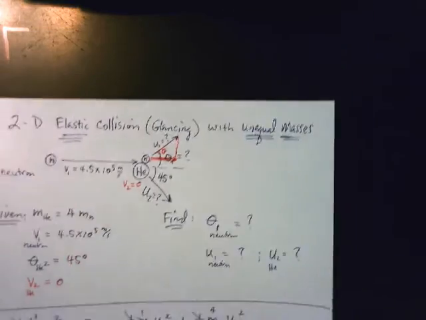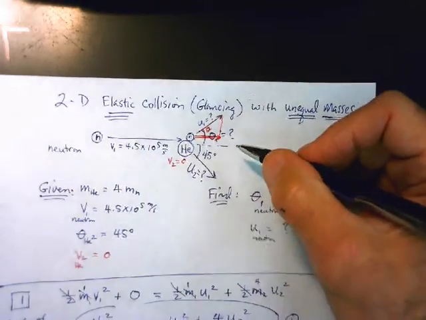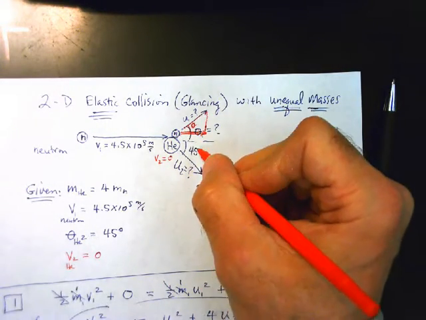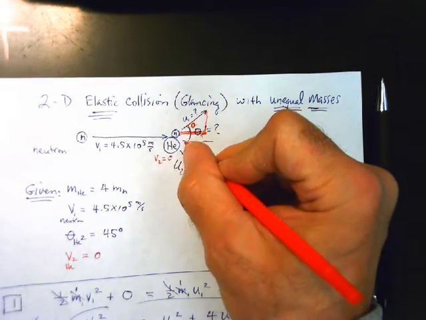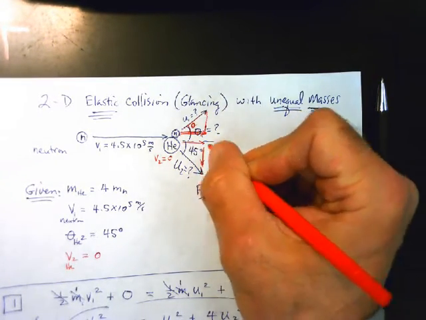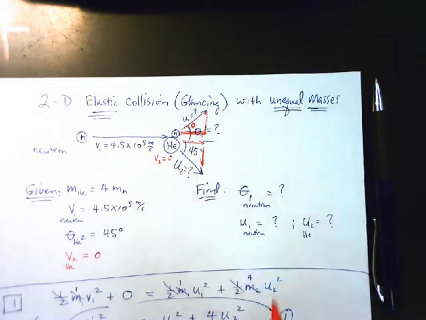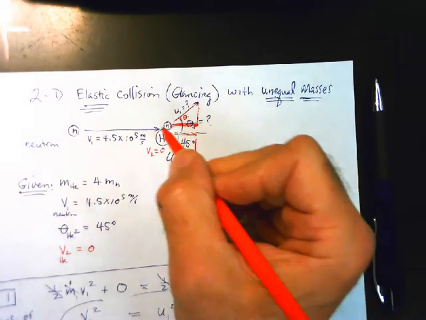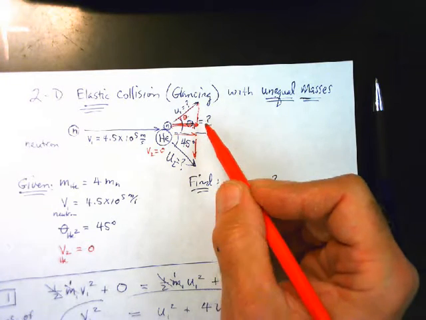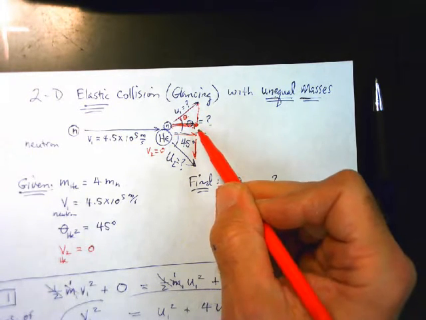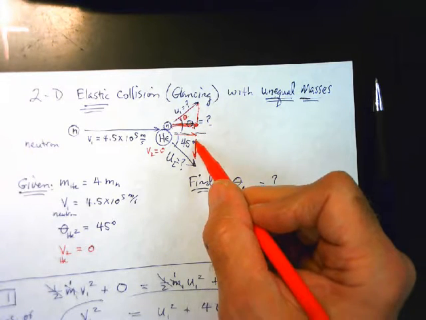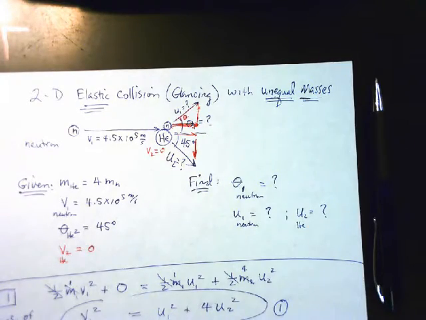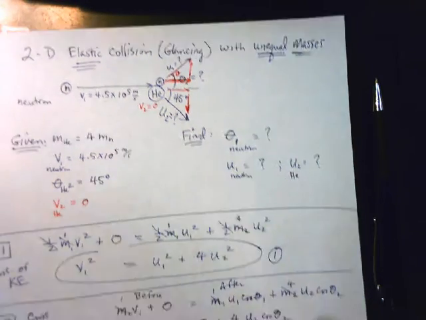Now if you think about it, take a look back at our original drawing. Both the neutron and the helium nucleus are going to be going off in opposite directions, right? The momentum in the y direction before the collision was 0. So, therefore, the momentum after the collision in the y direction must also equal 0. So that means that this component and this component of momentum are going to be equal.